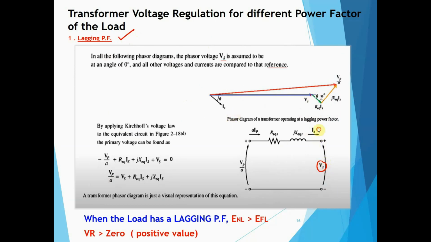So this phasor, when it is lagging, will be in this direction: IS. You can see here the relationship between the voltage of the resistor and the current: they are in phase.